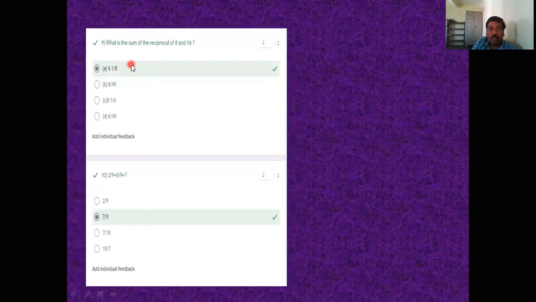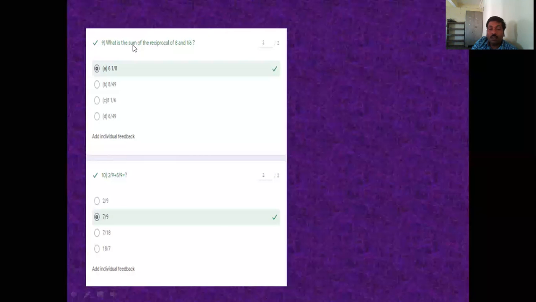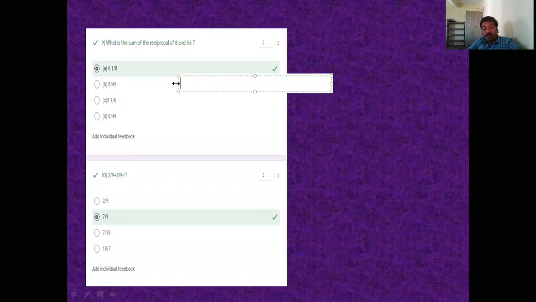Now here is question 9 and 10. What is the sum of the reciprocal of 8 and 1 by 6? What is the meaning of reciprocal? Reciprocal means the numerator changes into the denominator and the denominator changes into the numerator. So now write the reciprocal.